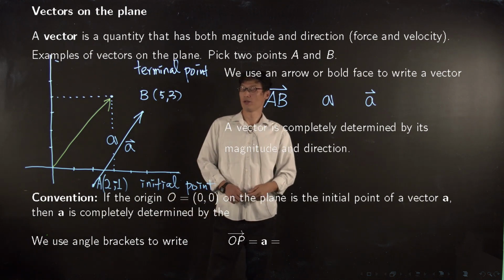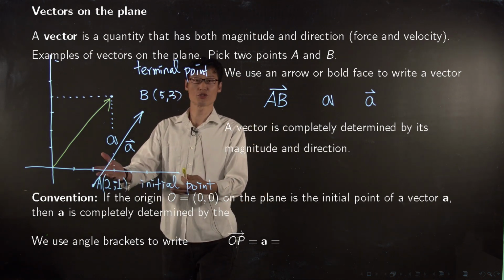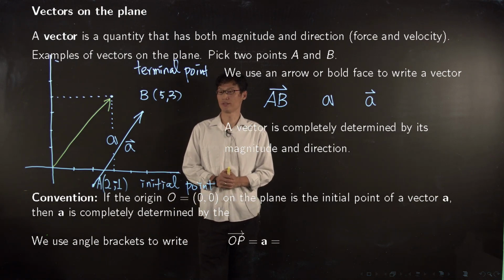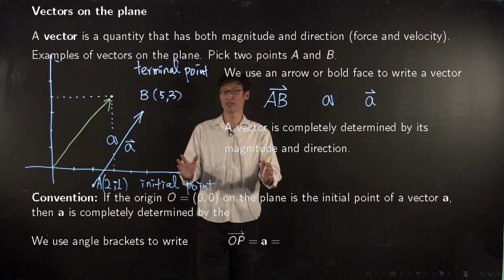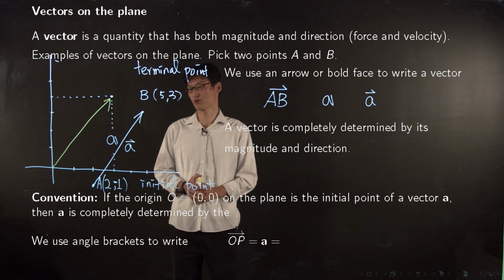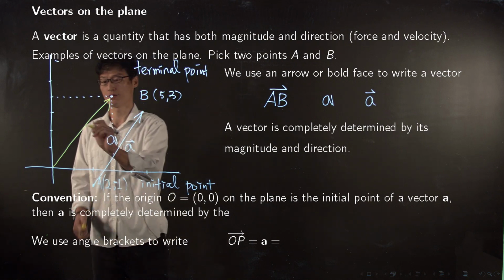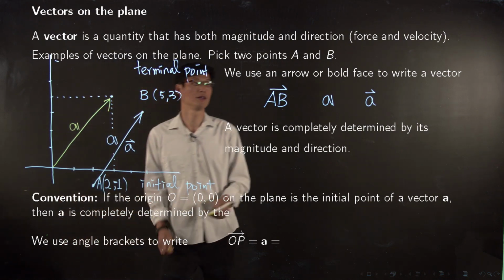Can you distinguish them? Do you think they are distinct vectors? A vector is completely determined by its magnitude and direction, so no way to distinguish them. Actually, the 2 vectors are the same. So this is also vector A.